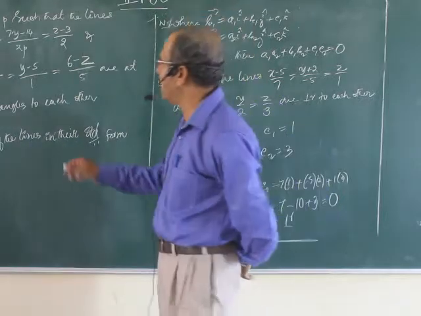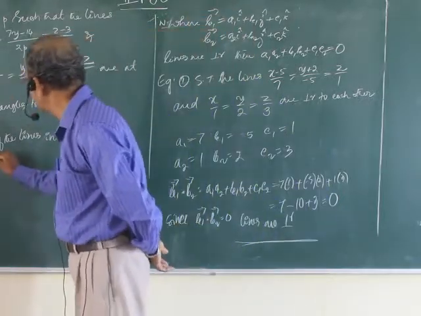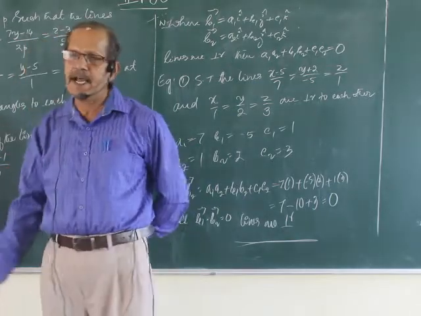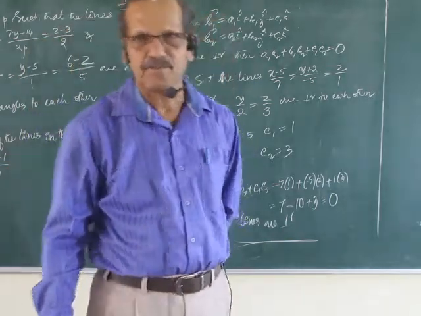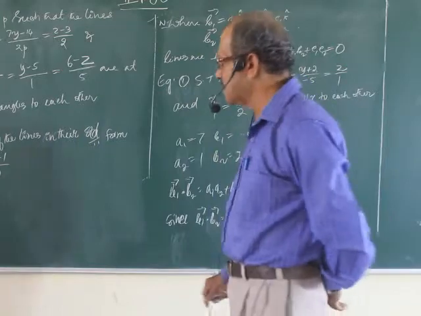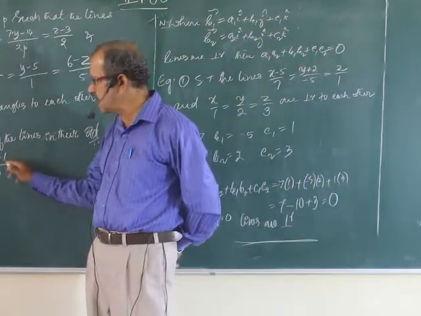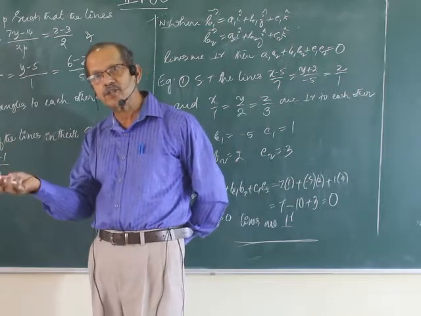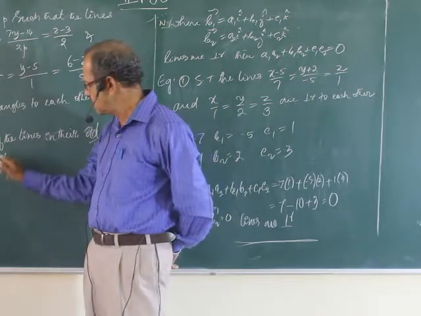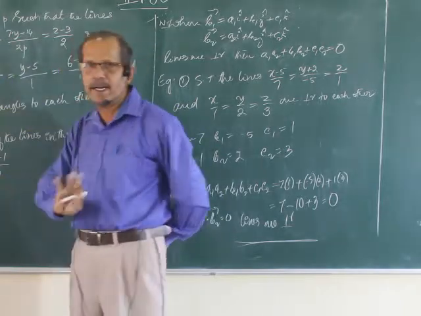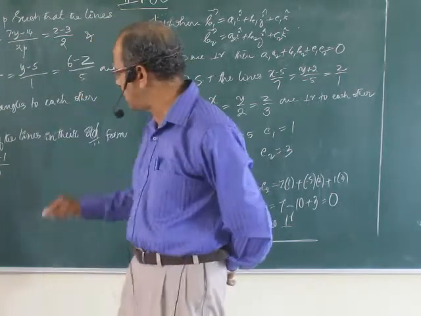Let me write in the standard form. This should be written: x minus 1 by minus 3. Have you got the idea clear? Because you must have x always in the first place. Next it should be a number: x minus x1 by a. So just by interchange, put the negative sign in the denominator. There will be no change in the value.